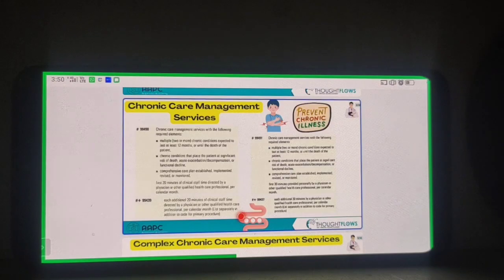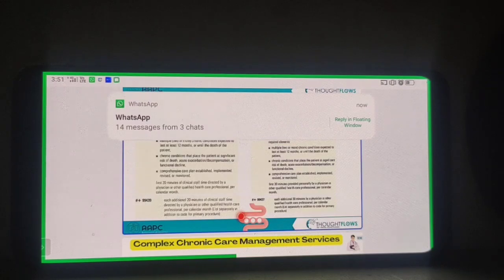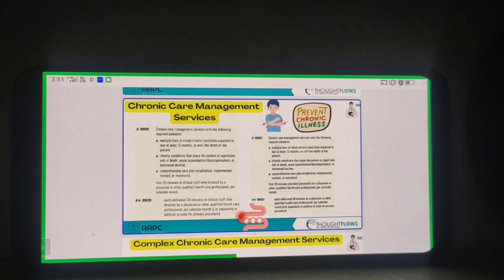But 99491 and 99437 are services provided by doctors directly. Same like that, for the first 30 minutes 99491, each additional 30 minutes 99437.